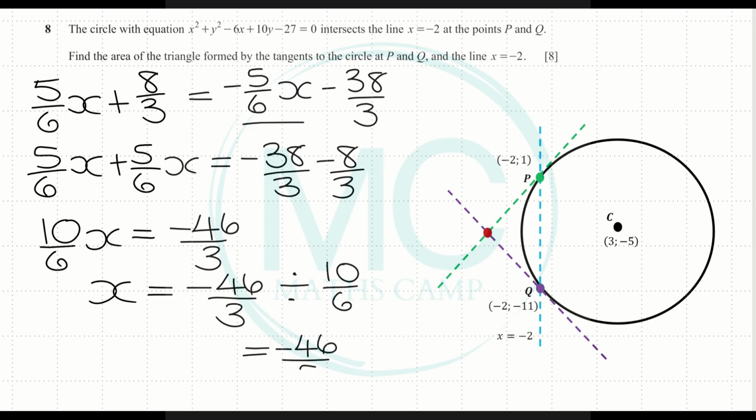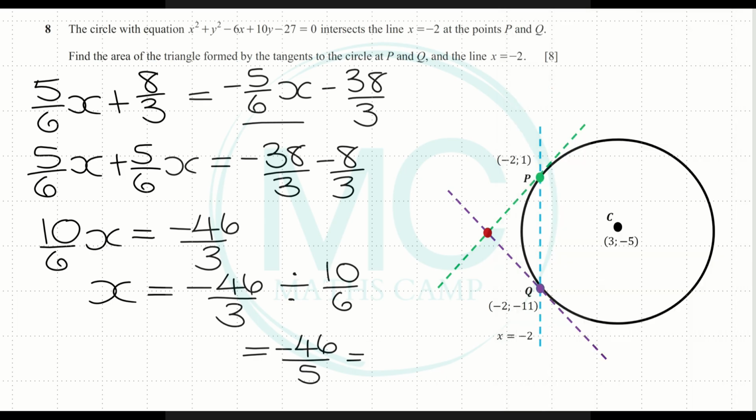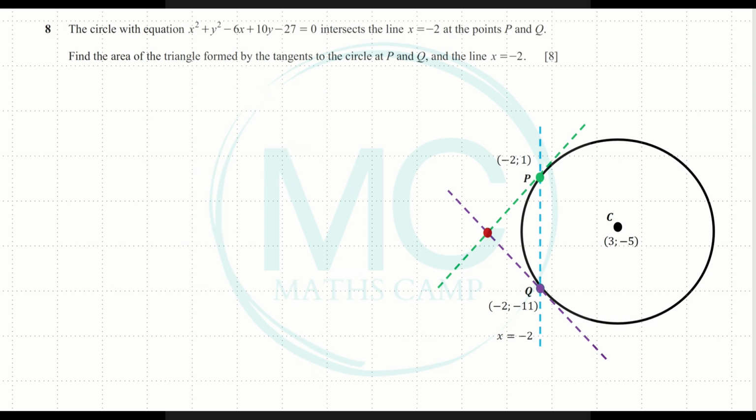But fractions like this are not great to work with, so let's see, a decimal is much easier. -9.2. And now I can make some space. This is the x coordinate of my red point, -9.2. Now I have enough information to find the base and the perpendicular height.